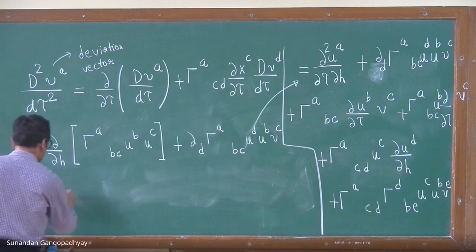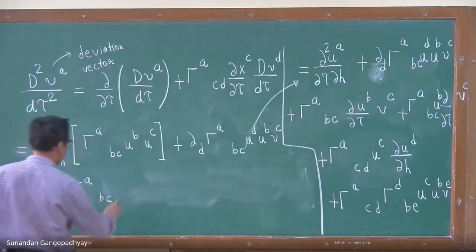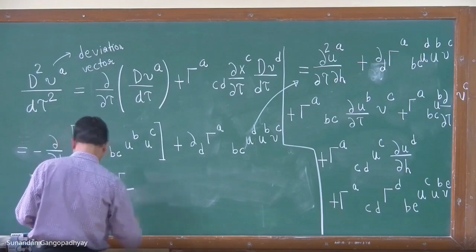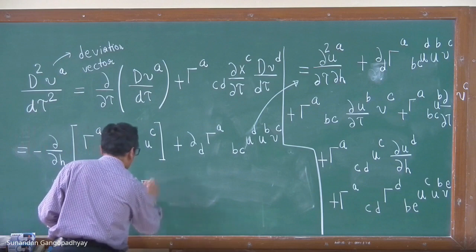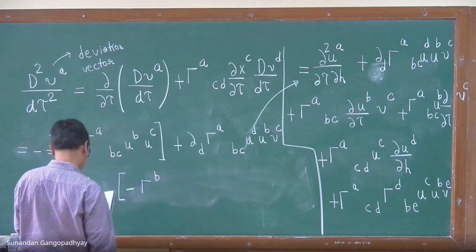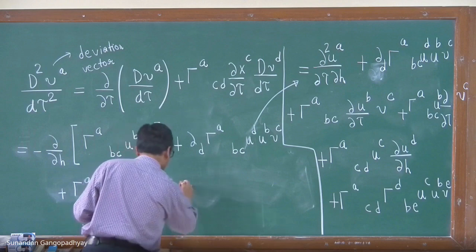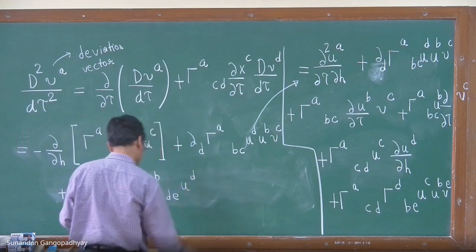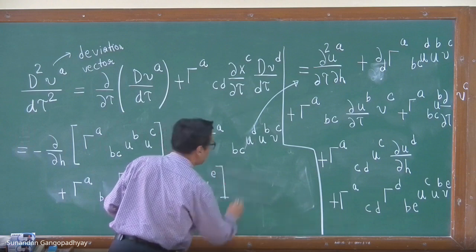So plus gamma A BC, the minus sign, gamma B D UD UC.